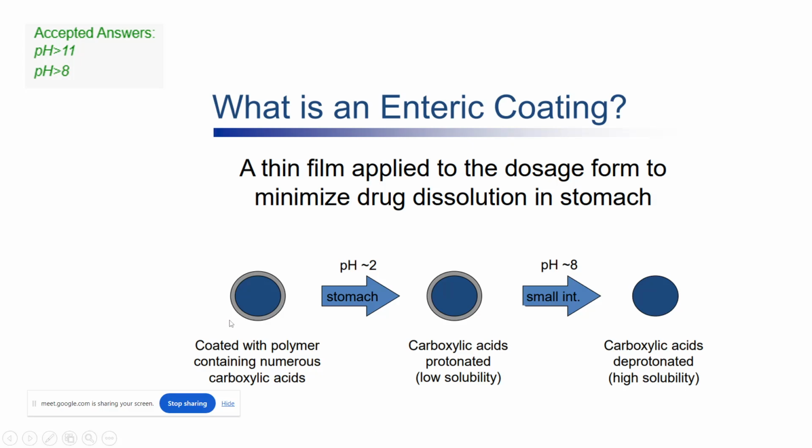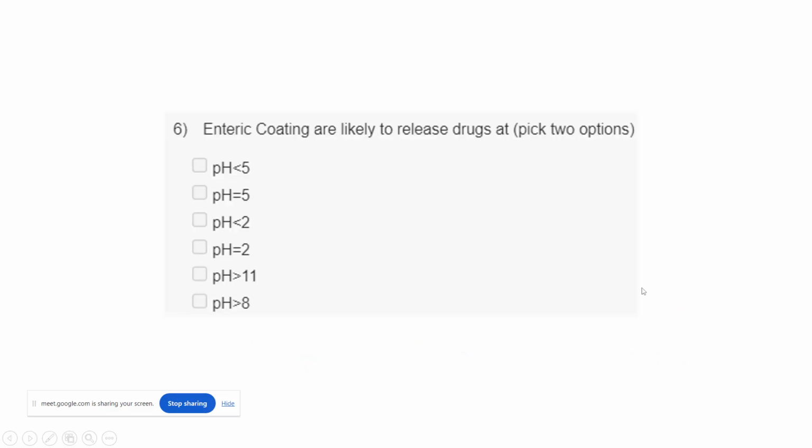So if you coat your drug with polymer containing carboxylic acids, they get protonated at the low pH of stomach acid, and thus they have low solubility, so they do not dissolve. But at higher pH of the intestine, they get deprotonated and then they are soluble, so the coating gets dissolved and the drug is released. So pH greater than 8 and greater than 11 would lead to dissolution of these coatings and release of drug.